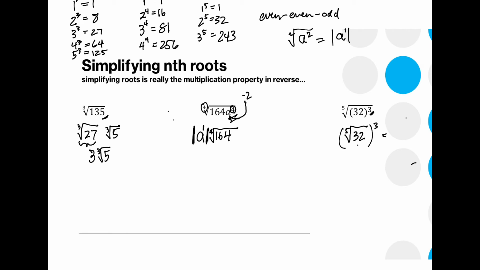Otherwise 32 to the third power is going to be a pretty big number, and then we're going to have to take the fifth root of something really big that we're not as familiar with. We can immediately know that we're familiar with 32. So, let's get this down to a smaller number first. The fifth root of 32 is 2, and then 2 to the third is something we can do without a calculator. We know that's 8.